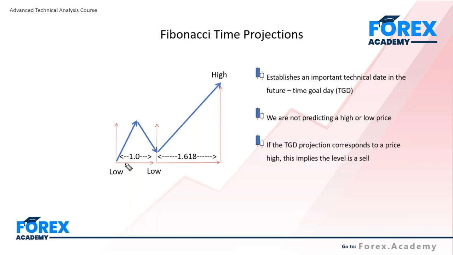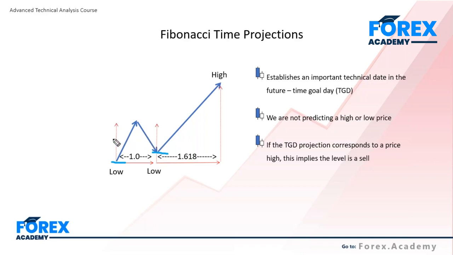What we do when we are calculating our Fibonacci time projections is we need to identify either two lows or two highs, as opposed to the swing type structure that we had looked at with respect to projections. So if we look at this particular instance, we identify this low over here and this low over here.